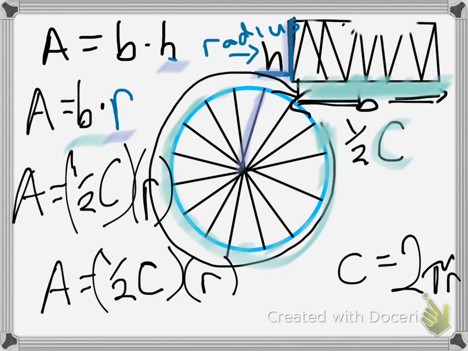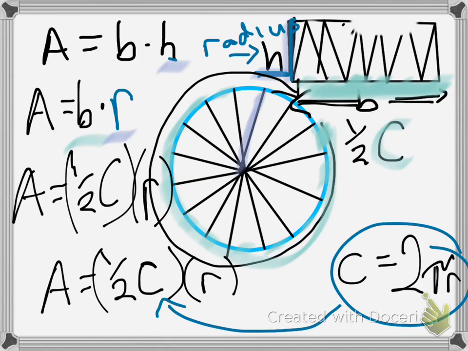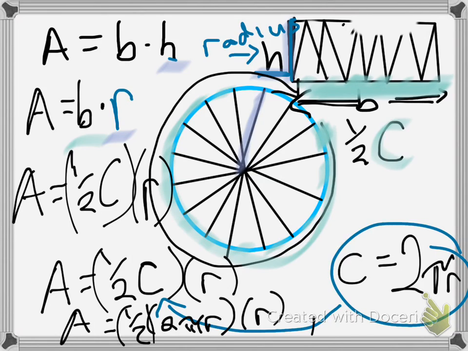We learned that in chapter 9. So we can substitute this in place of C. We can rewrite our formula: area equals 1/2 times 2 pi r times r. If we simplify, this 2 cancels out, so it's pi r, and there are 2 r's, so that's pi r squared.